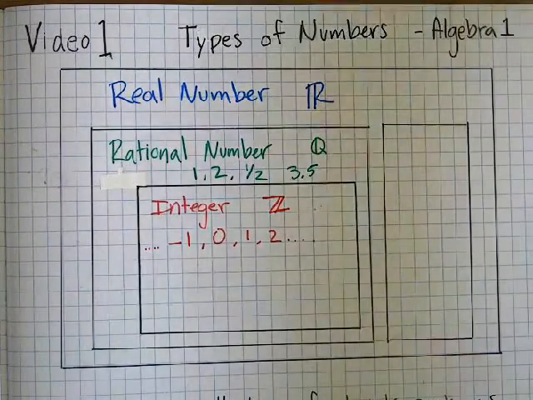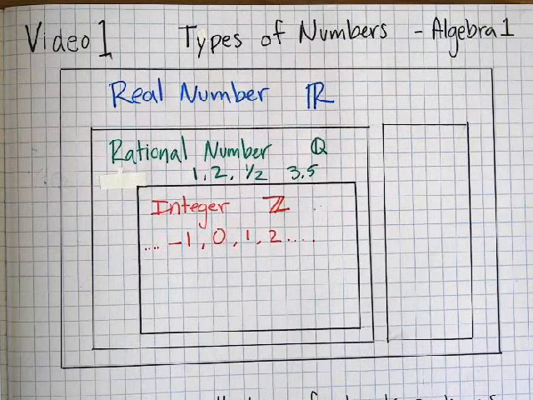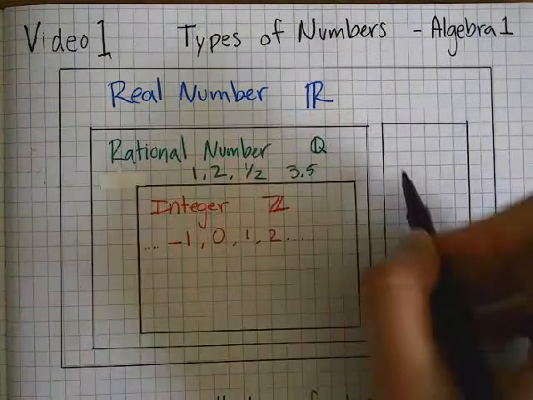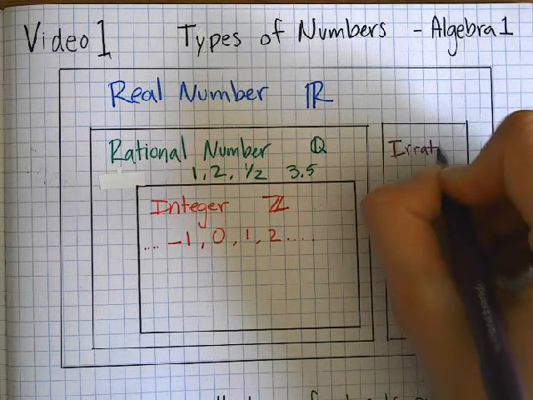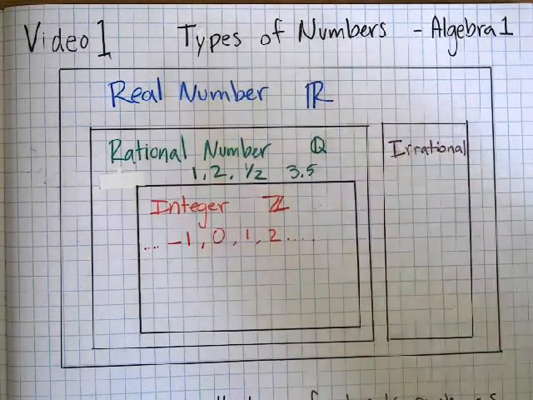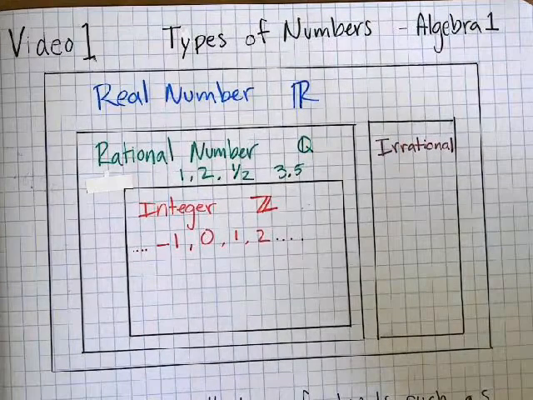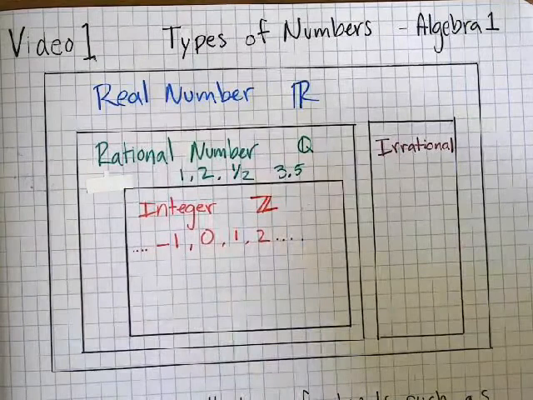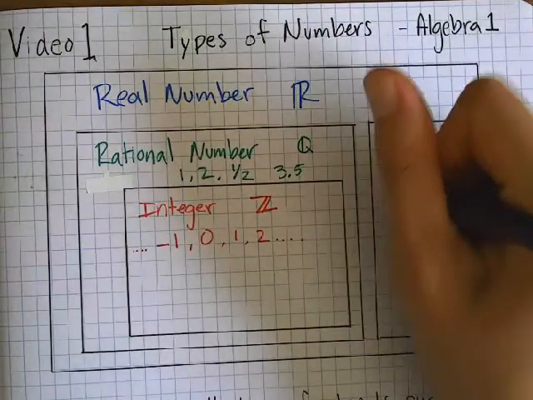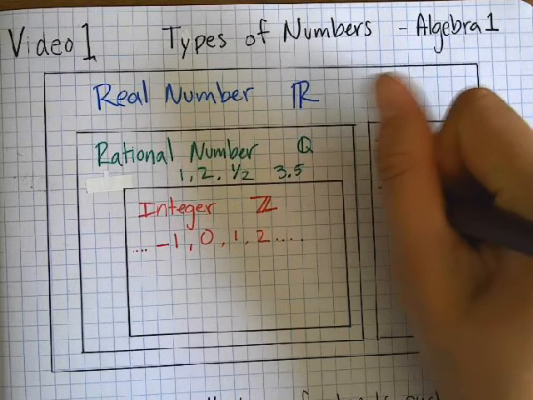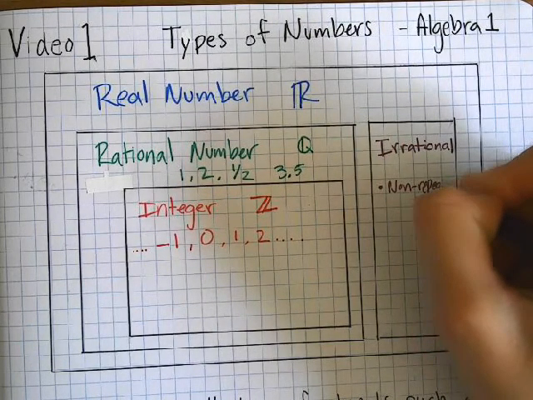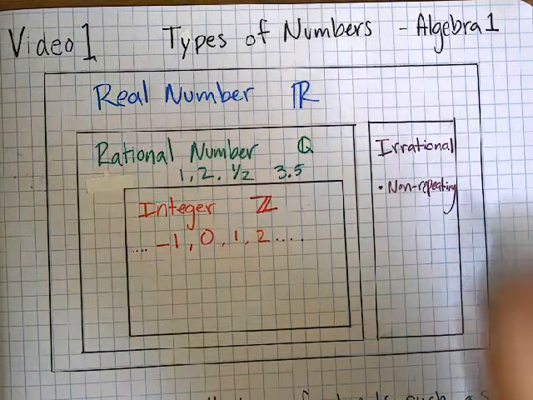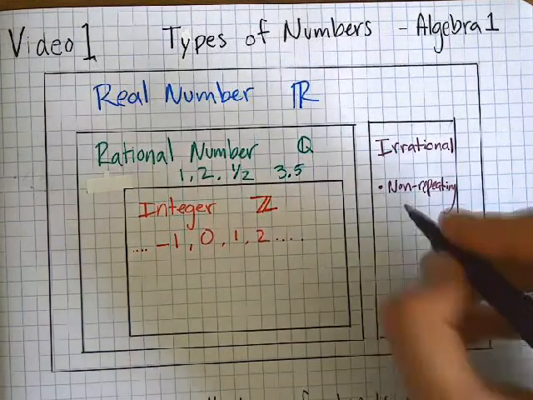Okay, on the flip side, we have irrational numbers. Now they're also real numbers, but they're in their own little category. And with these numbers, they never terminate. They're non-repeating, never terminate, okay? So we can kind of make a little note there. Non-repeating, okay?